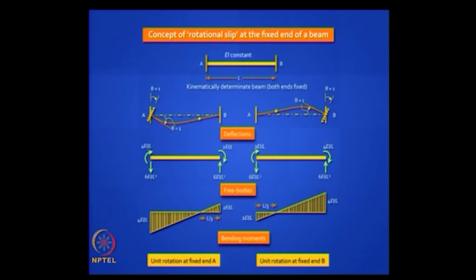The main difference between this picture and the previous picture is, here somehow the fixity is rotating on its own and you are getting the same bending moment distribution. So here the end forces developed, the moments and vertical forces developed, are reactions, whereas in the previous case they are actions.